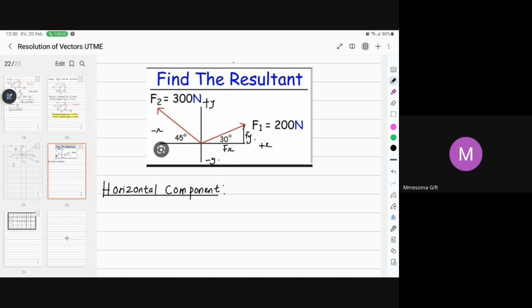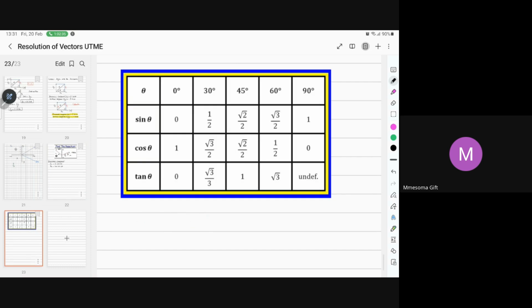So the horizontal component Fx will be equal to F1 cos 30, which is 200 cos 30. Based on our special angles, cos 30 is root 3 over 2.